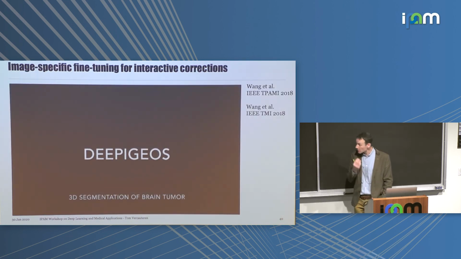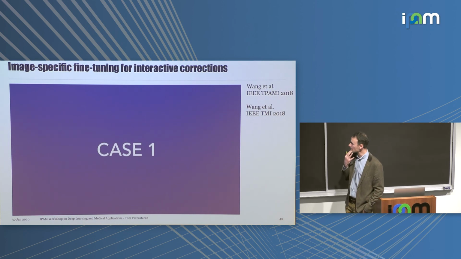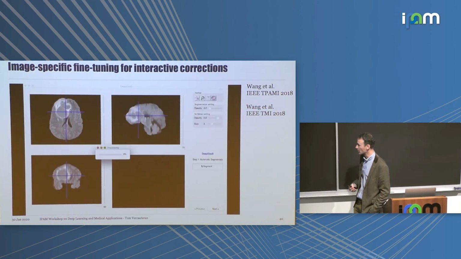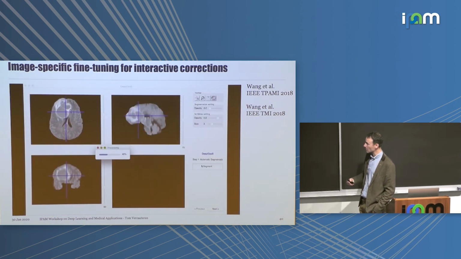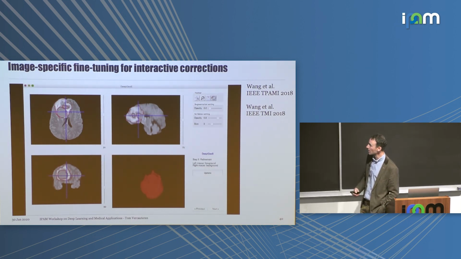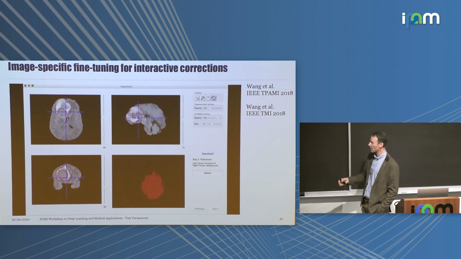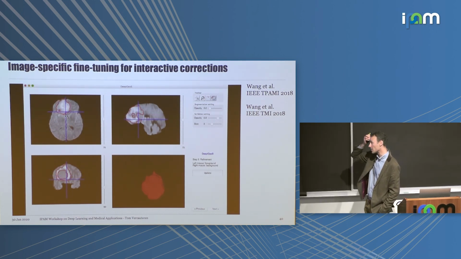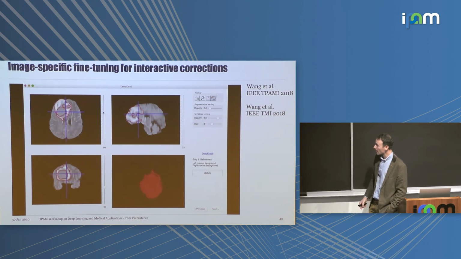And so, yeah, it works quite well. So this is an example, again, on brain tumors. We load the images, so 3D images here. We get an initial segmentation. It has to be rather quick because it's interactive. So here we see that some of the errors were made, so we provide these scribbles.